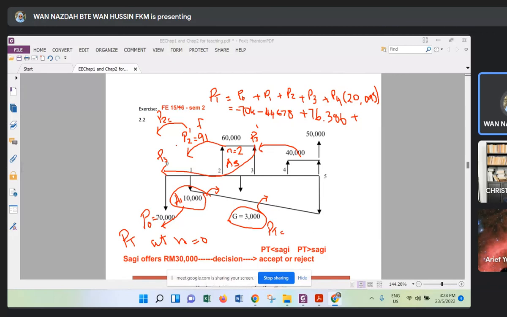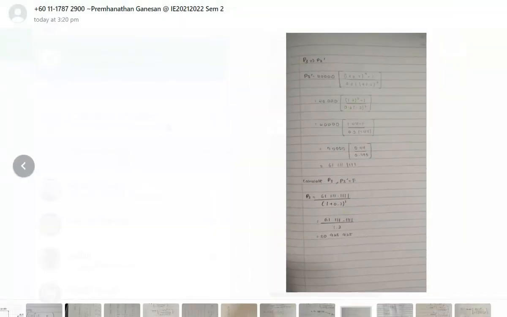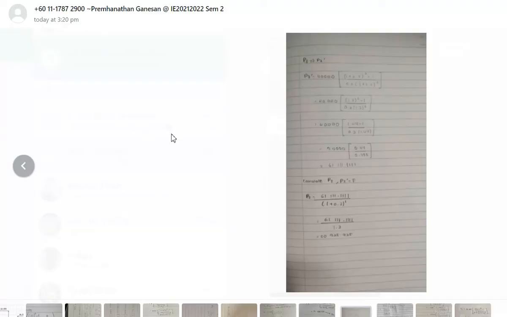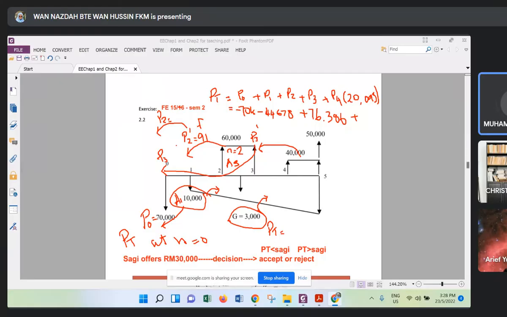Muhammad Daniel mana? Danish Irfan. Ya doktor. Daniel mana?